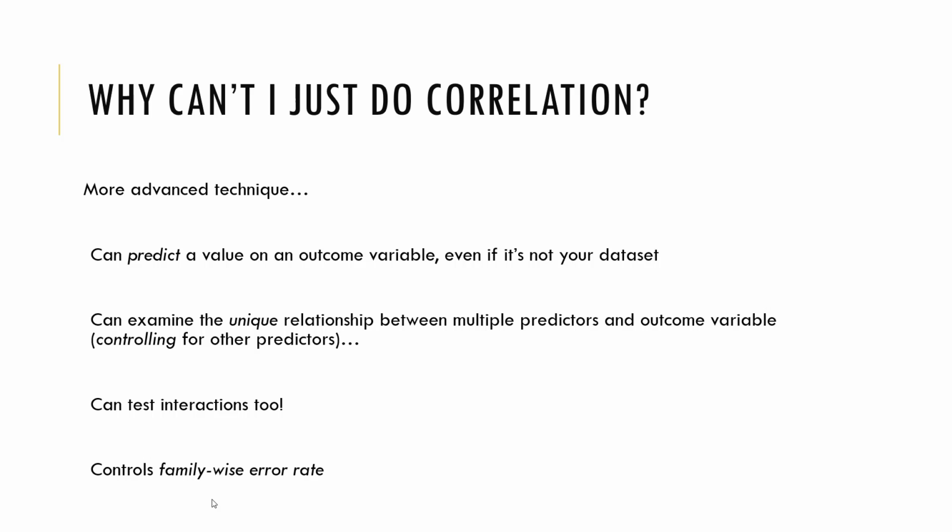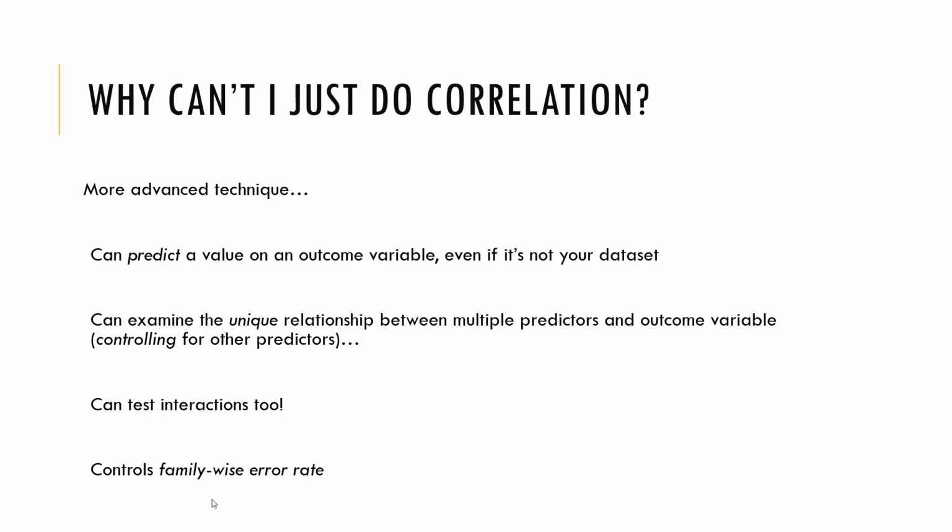That's even true of standard multiple linear regression. Hierarchical does it in a more structured, more theory-driven way. But even in a standard linear regression, it will allow you to look at this unique relationship between a predictor and an outcome if you have multiple predictors in the model. So it can be really, really useful.